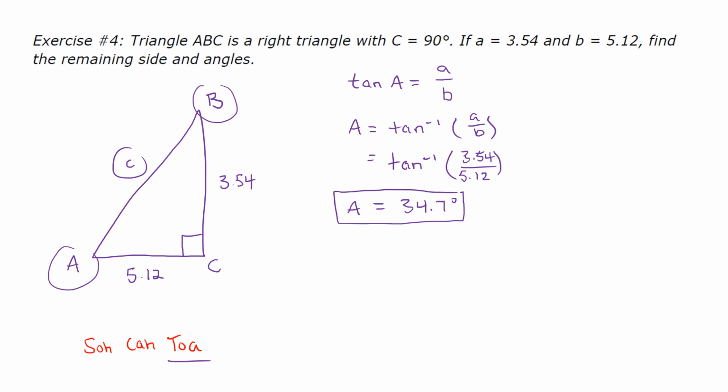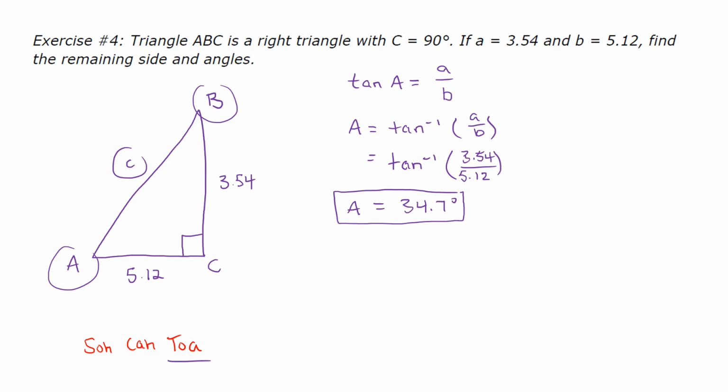Okay, so I know the measurement of angle A, so I can find the measurement of angle B by doing something very similar to what I just did, or I can take the measurement of A and subtract it from 90, because I know A and B must equal 90 degrees in order for all the angles in my triangle to equal 180 degrees.